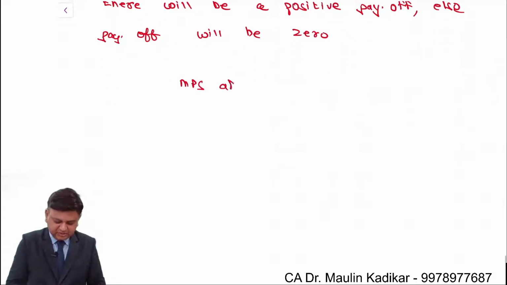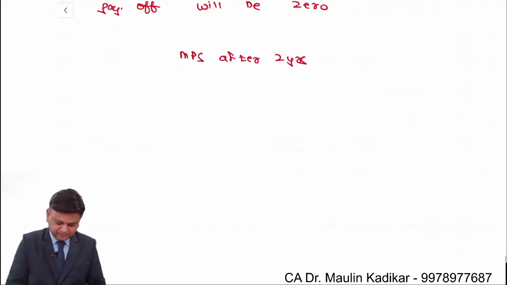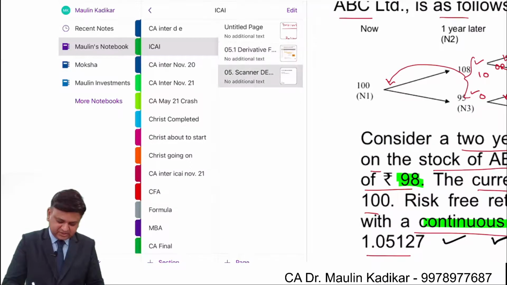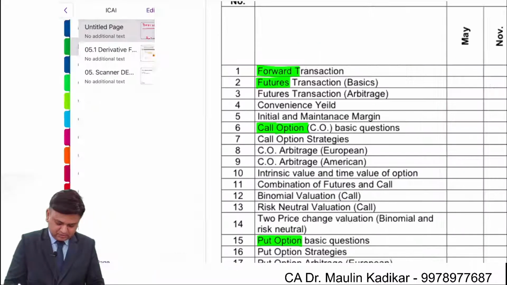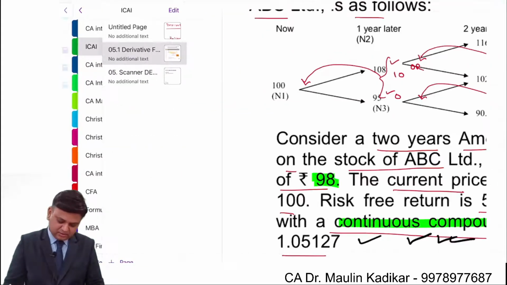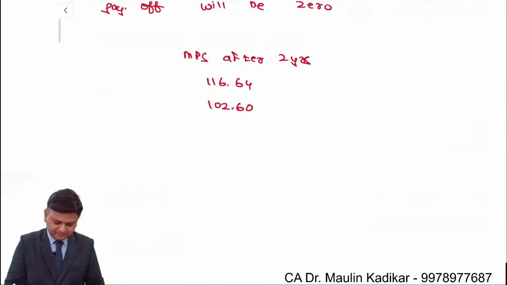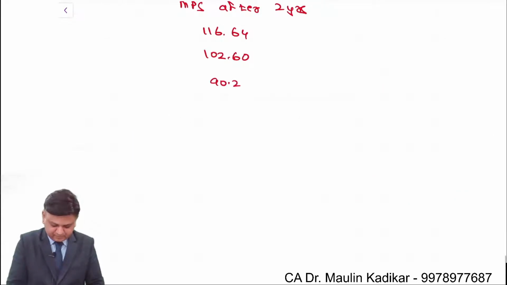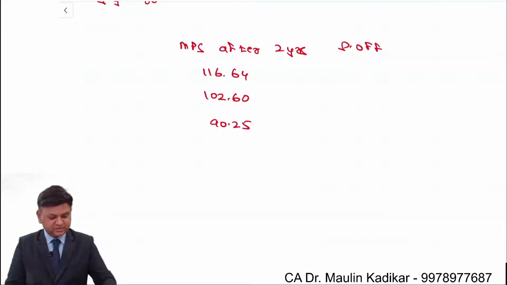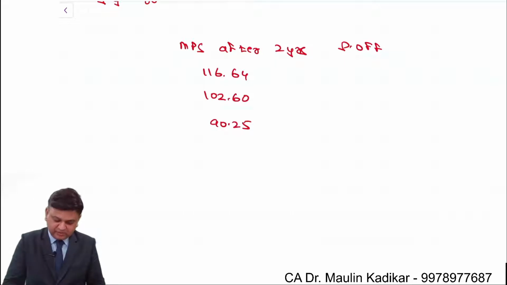Market price of the share after 2 years: 116.64, 102.6, and 90.25. Payoff. In the first case, the payoff will be 116.64 minus 95, so 21.64.